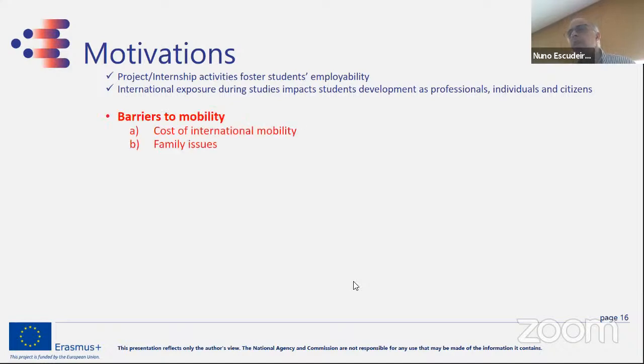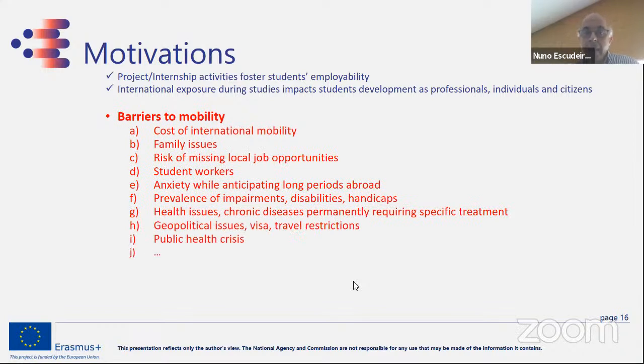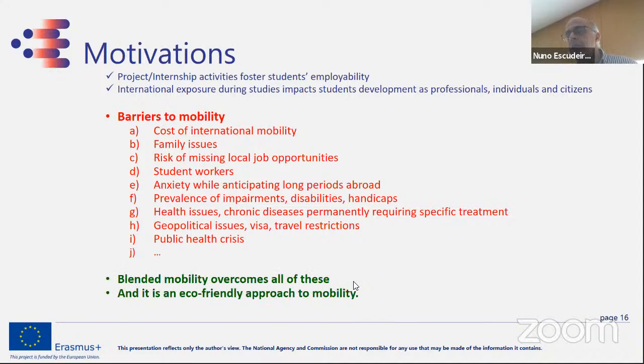So having these motivations, we have identified that there are many barriers to mobility, mainly to international mobility. There are many students that are facing these barriers and that cannot benefit from this international exposure. And this is really a problem that we would like to fix. Blended mobility is in fact overcoming all of these barriers.